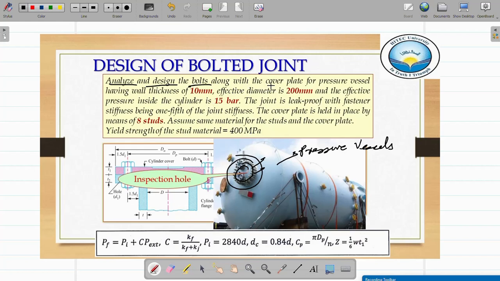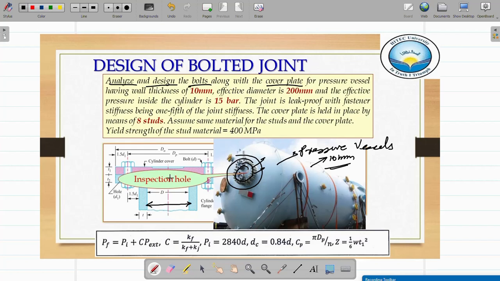So if you design the bolts and the cover plate for a pressure vessel, this is your whole pressure vessel, a big pressure vessel with a wall thickness of 10 mm. The effective diameter is 200 mm. This is the total diameter of the cylinder, the diameter in which gas is held.